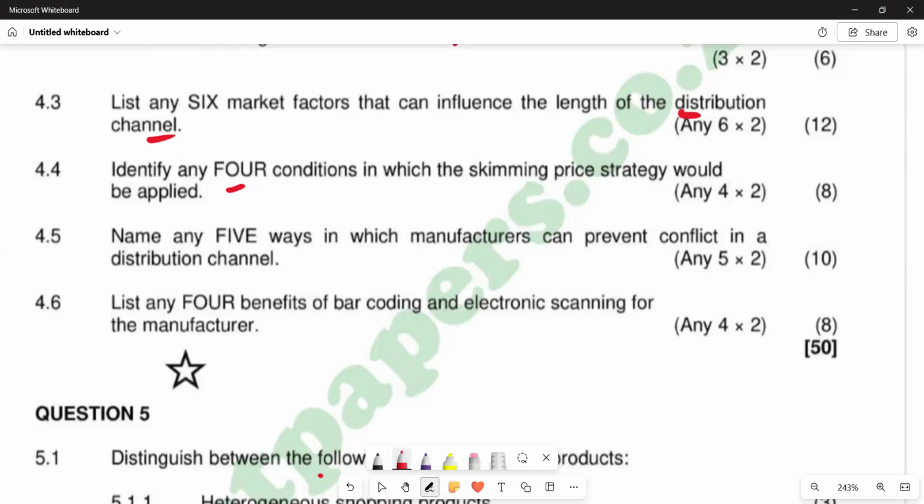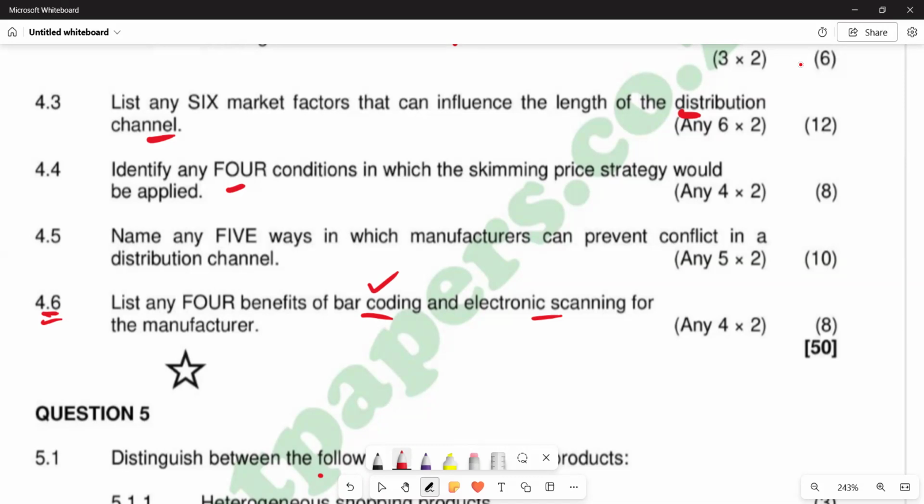Moving on to 4.6, it reads: list any four benefits of barcoding and electronic scanning for the manufacturer. We can start by having the description of barcoding, whereby barcoding is the method of representing data visually in a machine readable format, typically as a series of varying parallel lines and spaces that are read by an optical scanner.